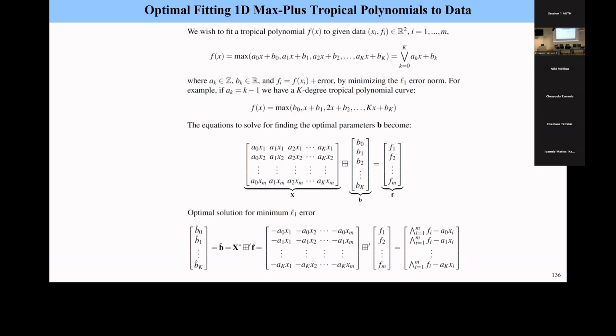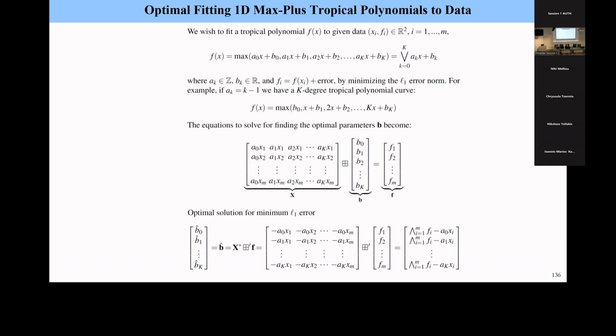Sometimes in max-plus polynomials, which again are a maximum of a number of affine terms, the number k here is called the rank of these max-plus polynomials. So if we know the rank, then we try to find, let's say, the best max-plus polynomial of degree k that fits our data.